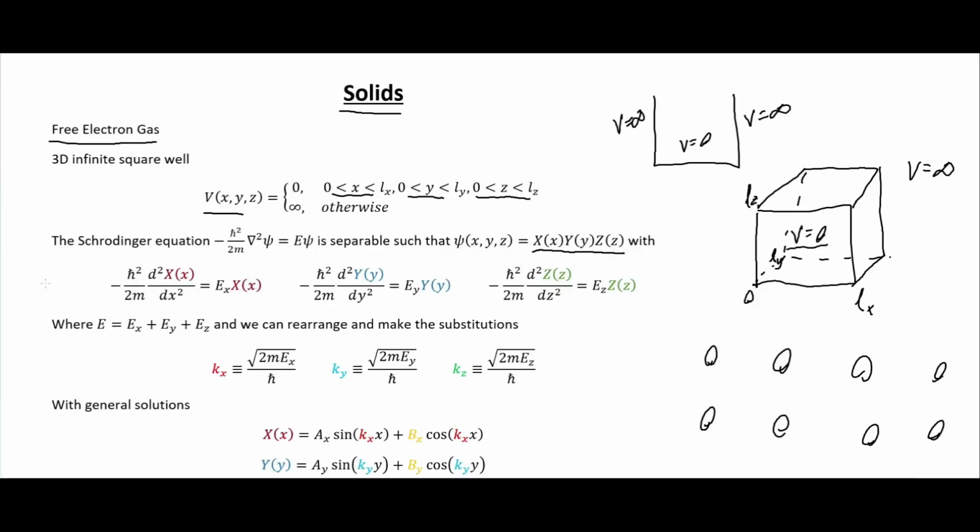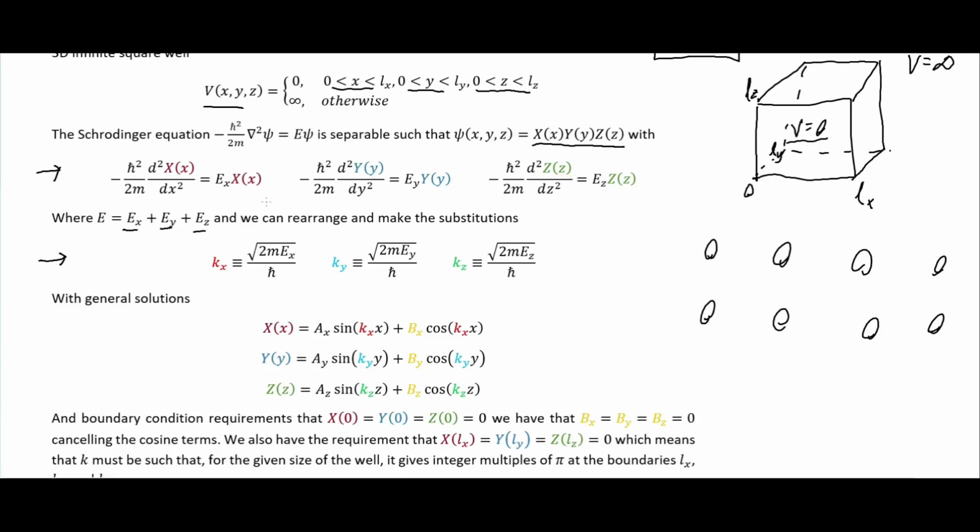And so we end up with these. We have E, the total energy, equal to the energy of the x, y, and z directions. We rearrange and make these substitutions for k, and k is the thing that I'll be talking about a lot in a little bit.